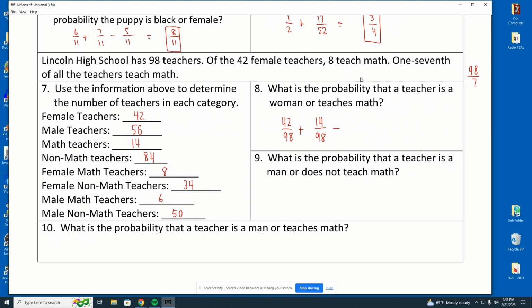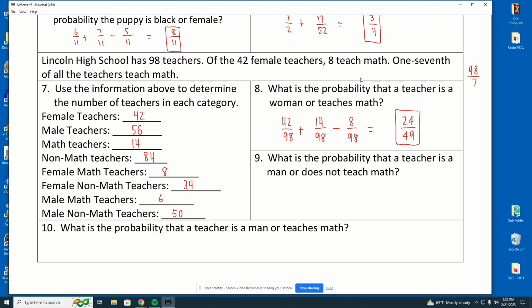Sure. There were women who teach math. How many were women who teach math? 8. They were in both categories, and therefore they got double counted. So it's 42 out of 98 plus 14 out of 98 minus 8 over 98, which reduces to 24 out of 49.